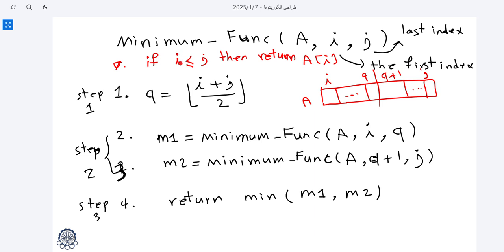If I is equal to j, then we return the only number of the array as the solution, and we do not do recursive calls anymore.